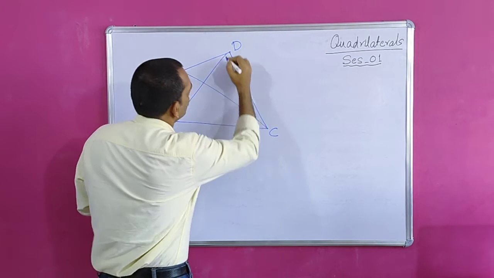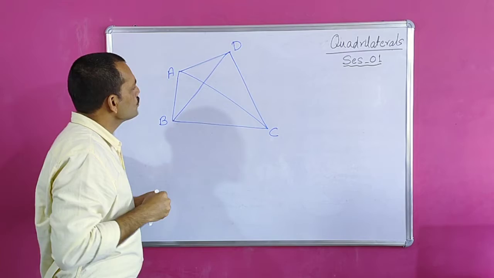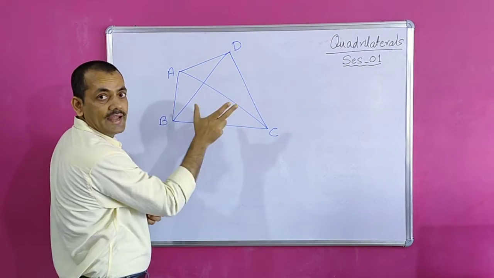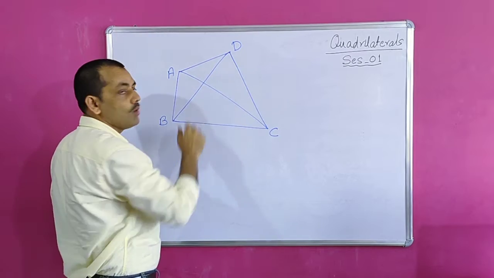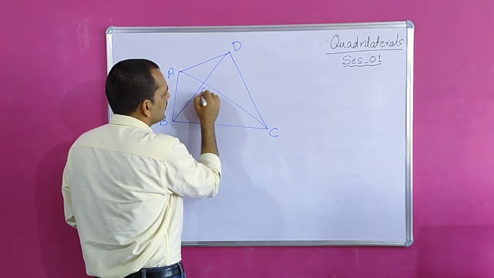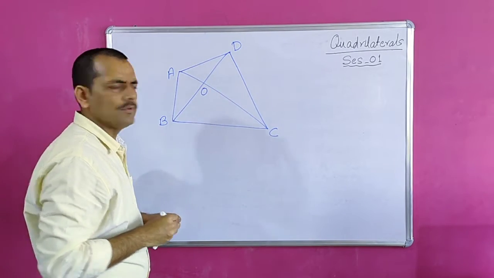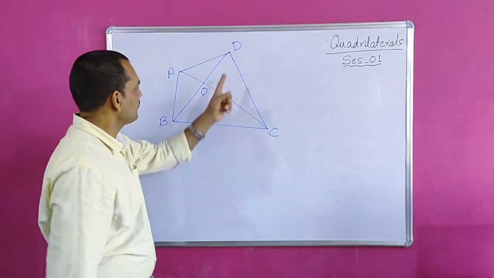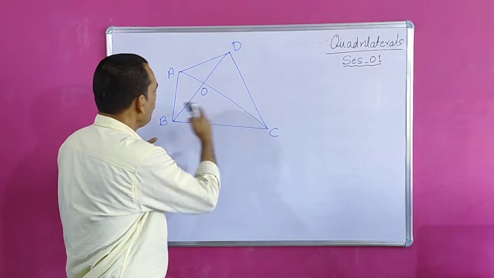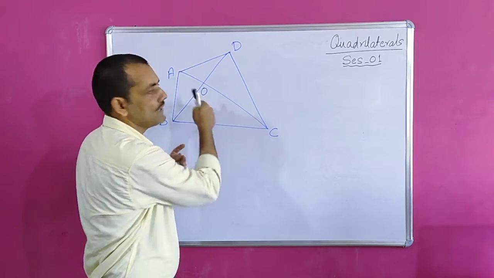A line joining points A and C, and B and D, these two are diagonals intersecting each other. Let's name the point as O. So a quadrilateral has 4 sides, 4 internal angles and 2 diagonals.